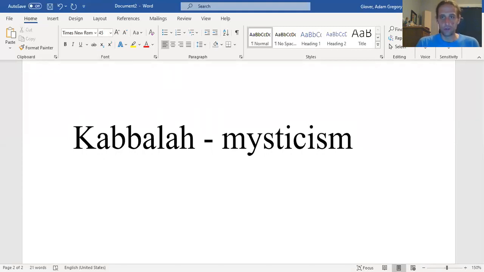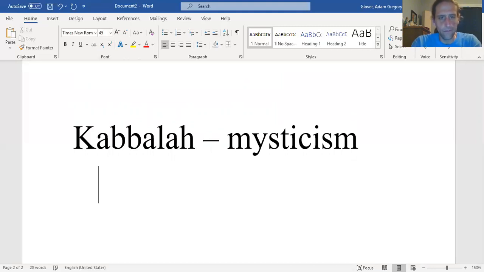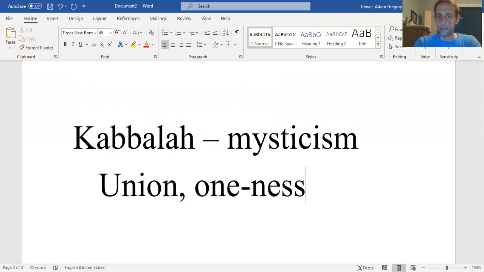Mysticism in general, in most religions at any stage of substantial development, will produce a mystical strain. And mysticism in general is an attempt, through a series of practices and prayer and reading, to attain a kind of union or oneness with the divine. That is generally the goal of mysticism.